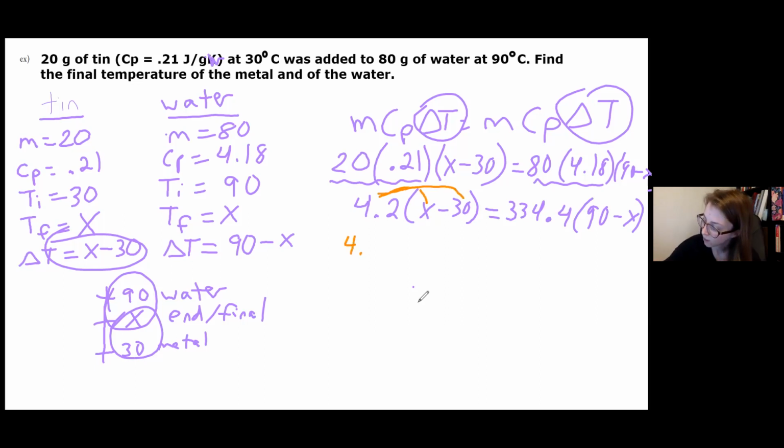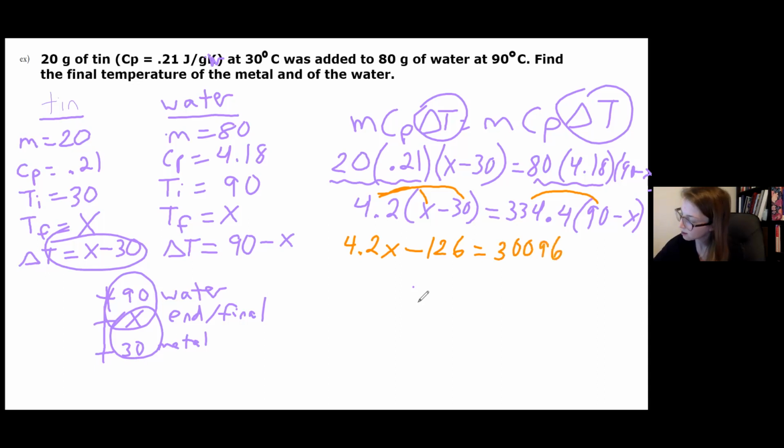That gets me 4.2X minus 4.2 times 30. Then we'll take the 334.4 times 90. That gets us a really big number. Minus 334.4 times X.